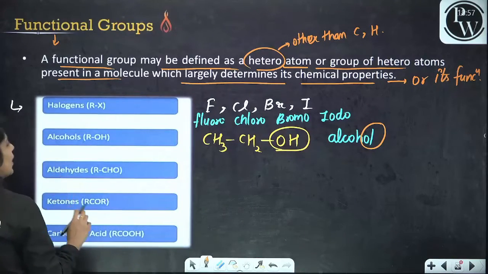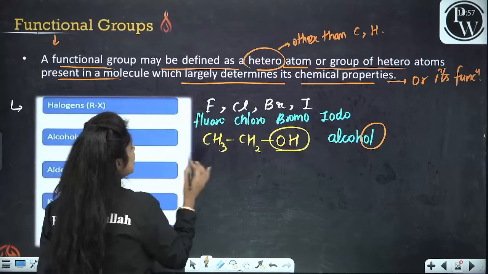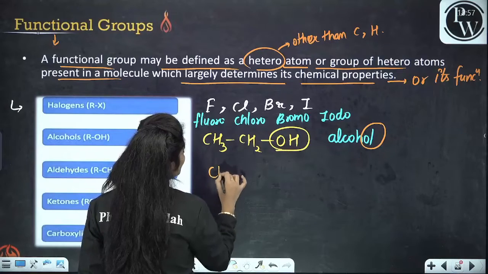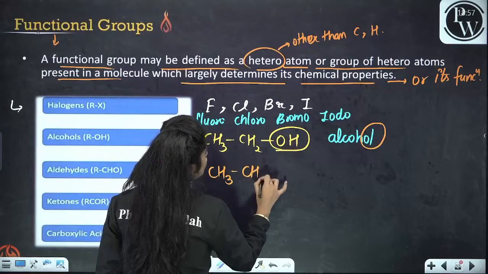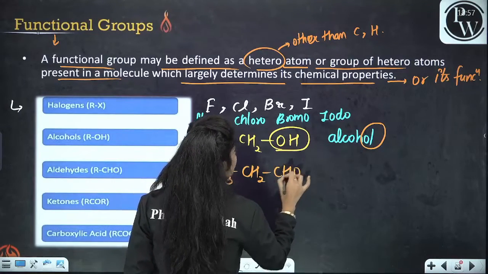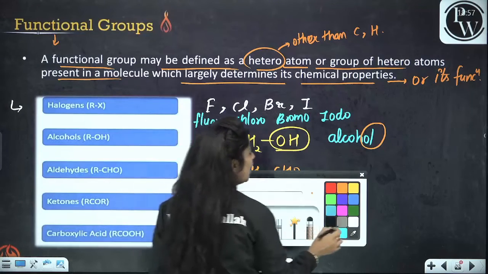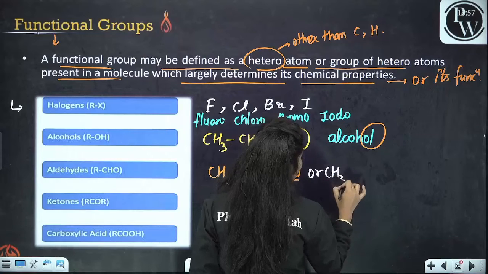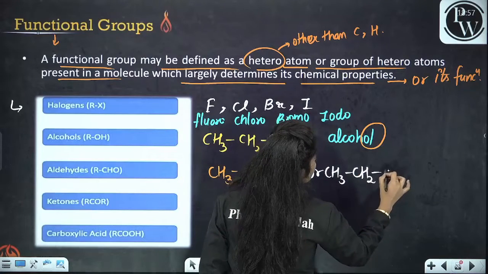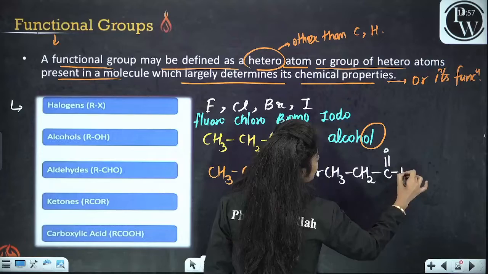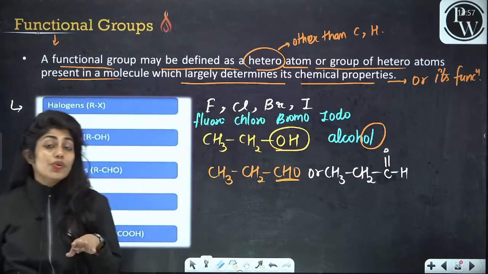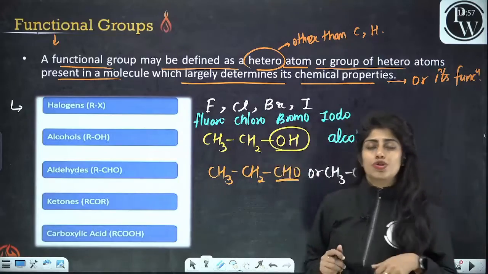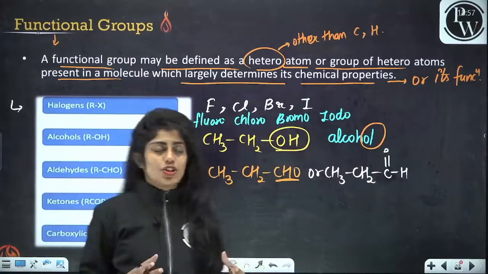Then we have the aldehydes. Aldehydes can be written as CHO, like CH3, CH2, CHO. This is your aldehyde, right? You can also write it like CH3, CH2, COH. Don't get confused. Sometimes students get confused with the structure of CHO or COOH.